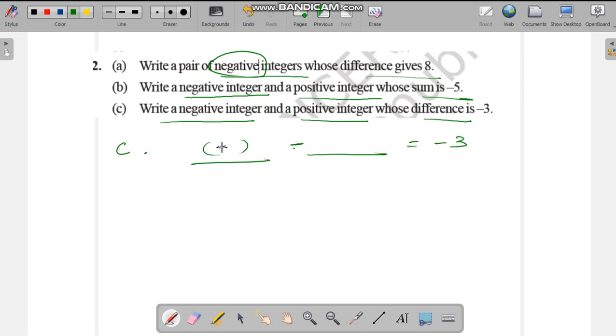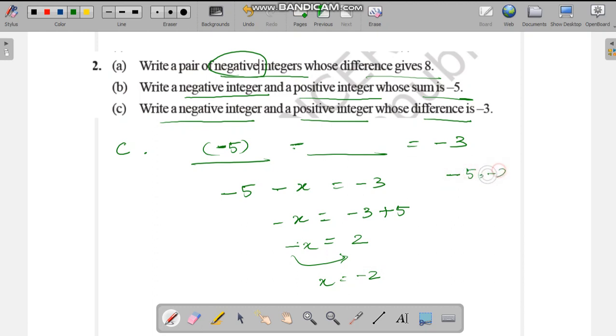So let us consider a small number. Just we are assuming a number as -5. -5 minus x equal to -3. That means x equal to -3 plus 5. So we get the answer as 2. So x is equal to -2.